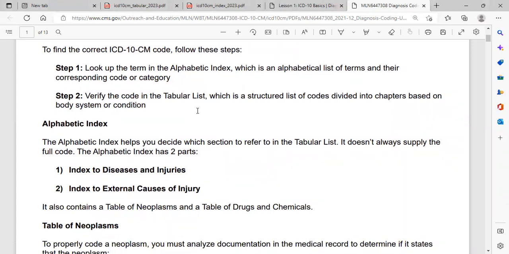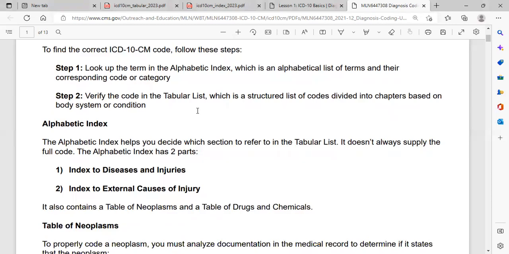The external causes index would be if you got injured. For instance, you broke your leg in a car accident, you fell off a cliff, there was an airport accident. So things that happen to you would be external causes, accidents, assaults, that type of thing.